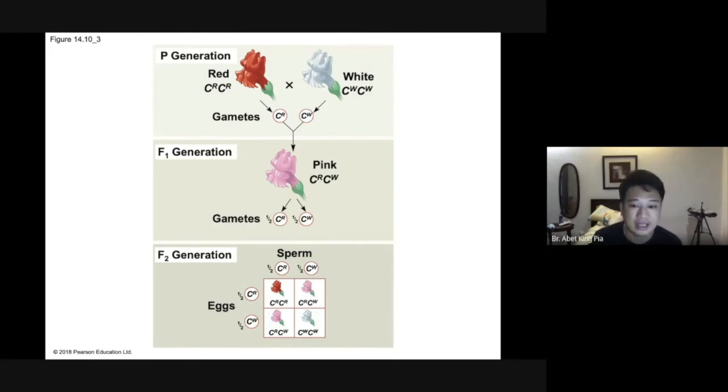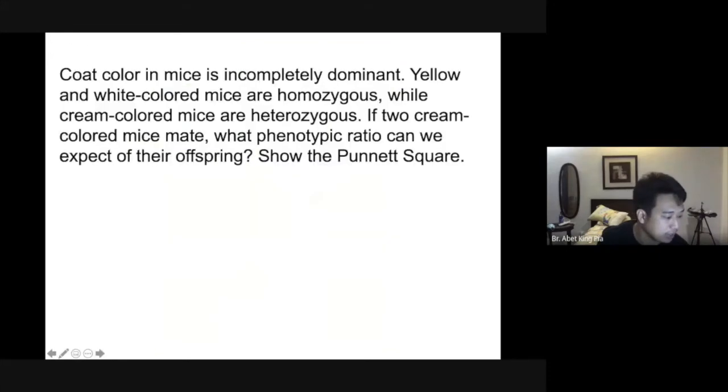So, makikita natin yan na may isang red, may dalawang pink, and may isang white. For incomplete dominance, you have this F2 generation na merong 1:2:1 genotypic and phenotypic ratio. Yan. Simple lang yung kanyang sample.